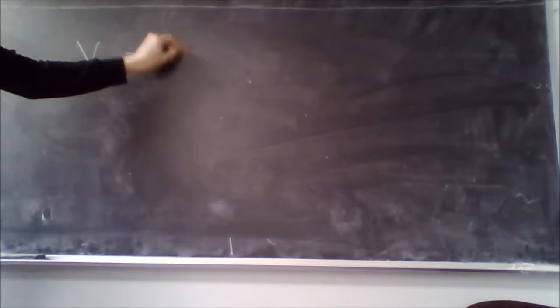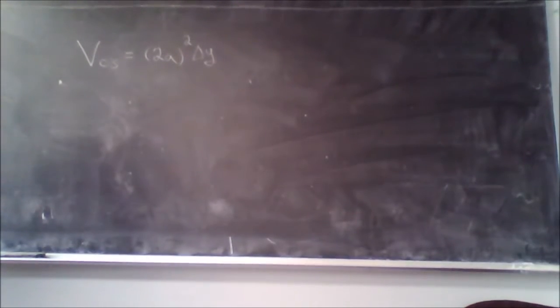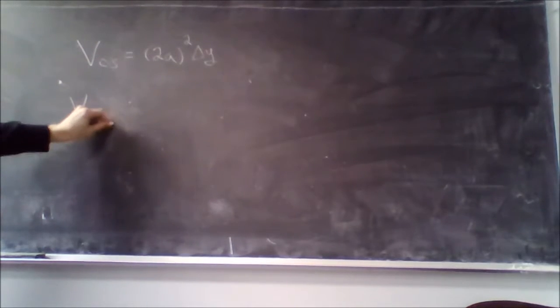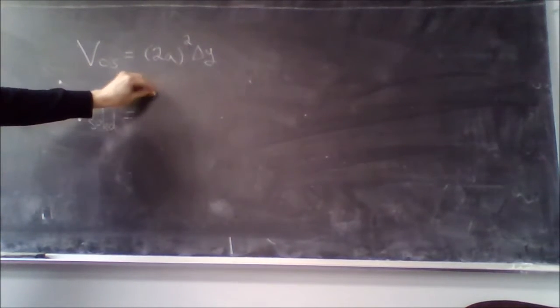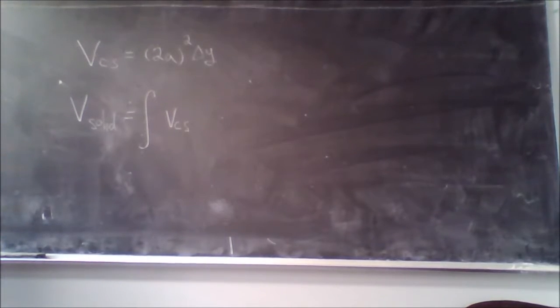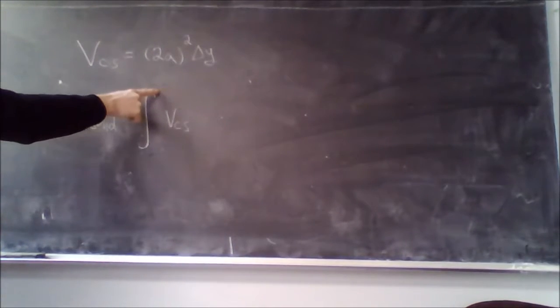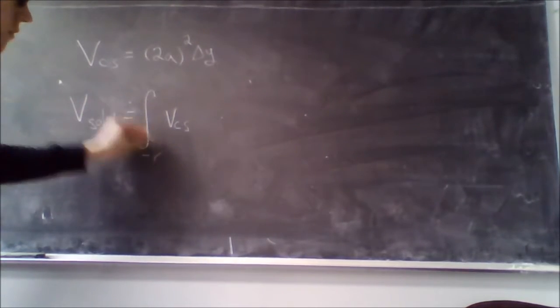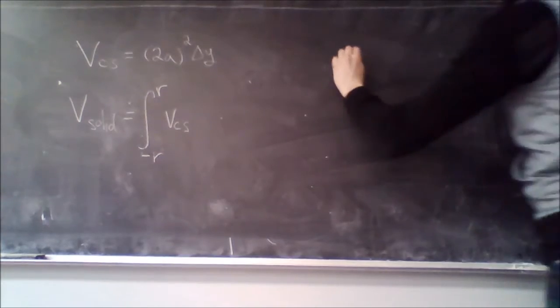To finalize my point, I'd like to show the volume of the cross-section that we've previously solved, and now we're going to find the volume of the solid by taking the integral of our approximation, where the lower bound and the upper bound will be denoted as negative r to r. Interesting.